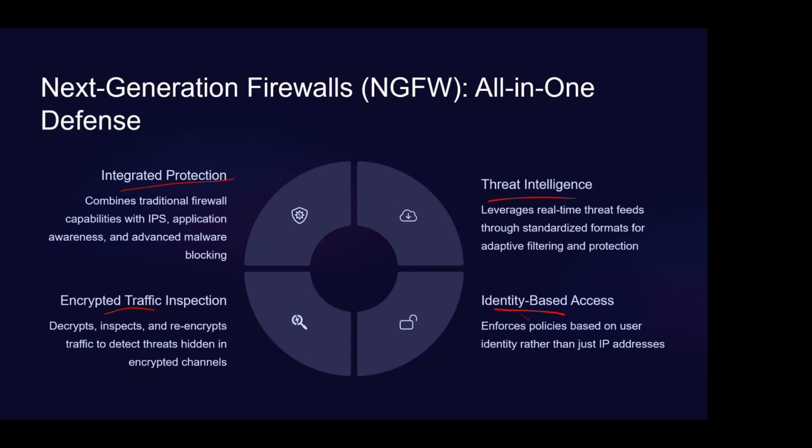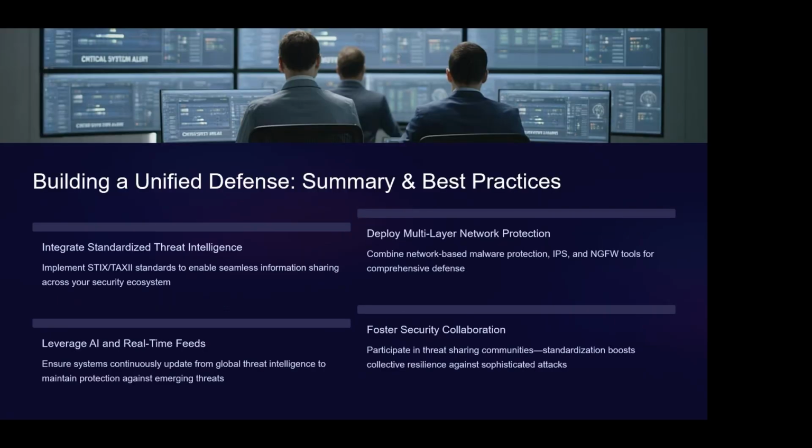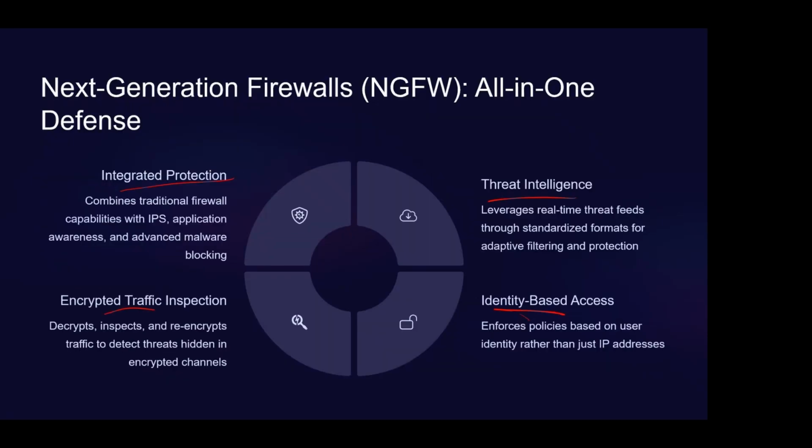Now, with next-gen firewalls, various different features can be added. We go back to the previous slide and write features here. The additional features that it provides compared to the previous firewall types are AVC, application visibility and control, IPS, intrusion prevention system.